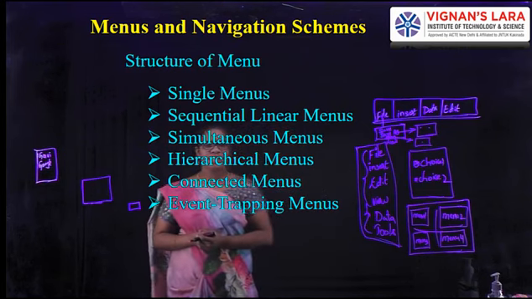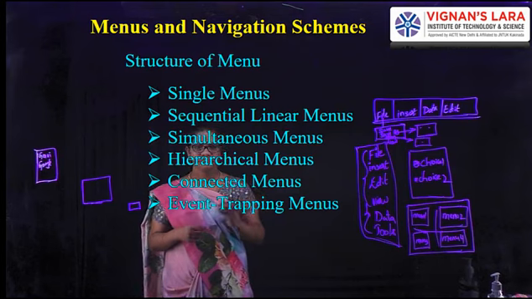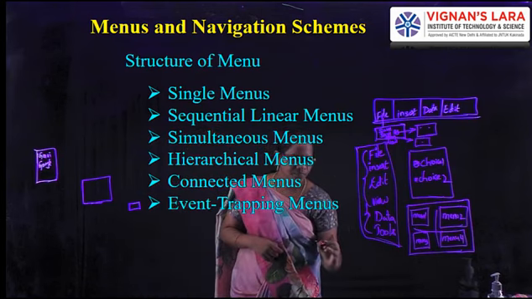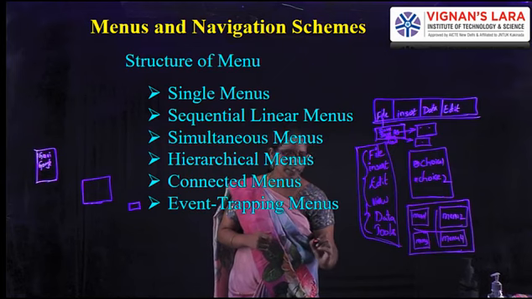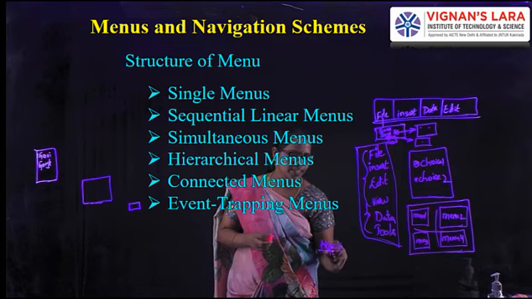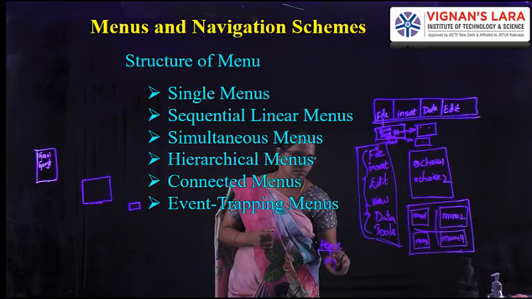Okay, and the next one is the connected menus. Connected menus are nothing but, for example, in a website you have some home page. If you click on this home page, again it will go to some menu like my profile.